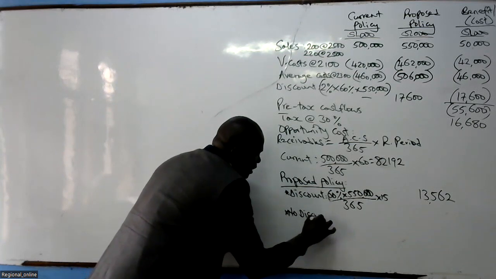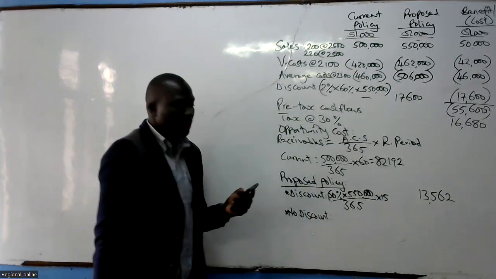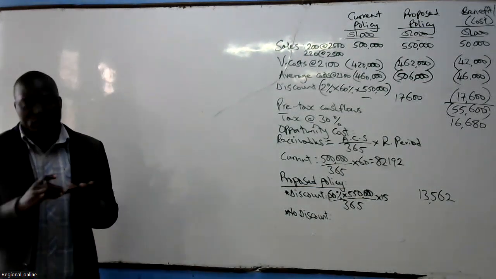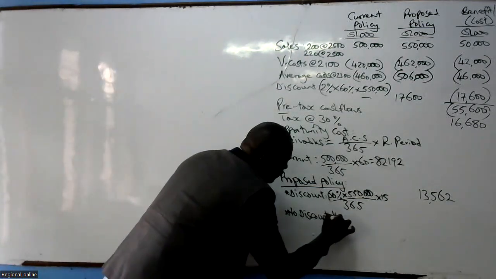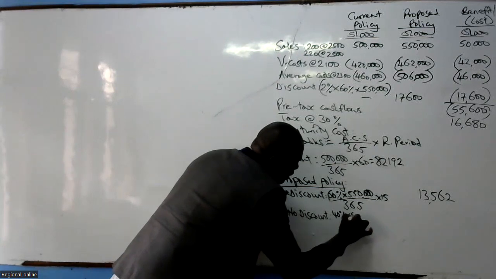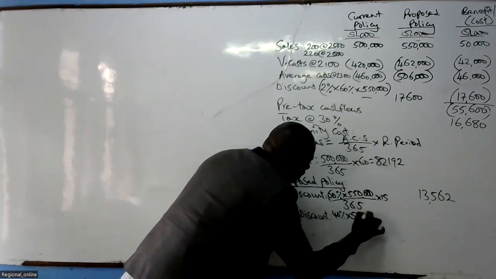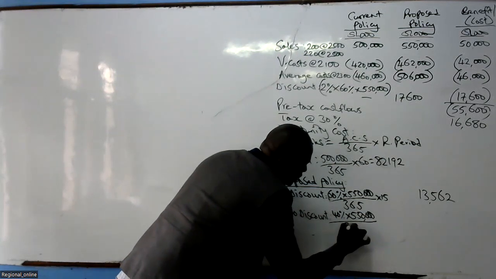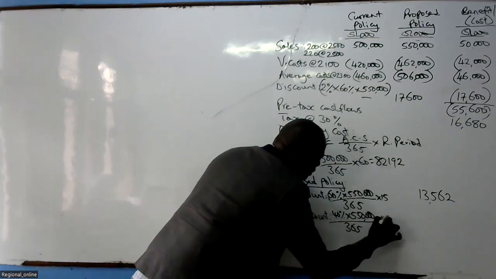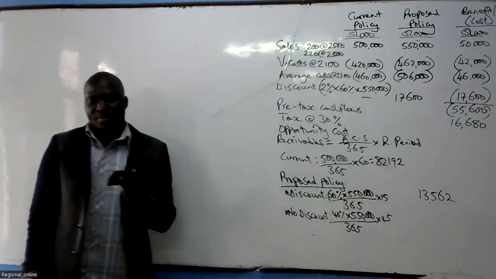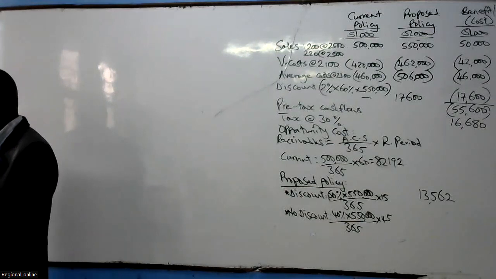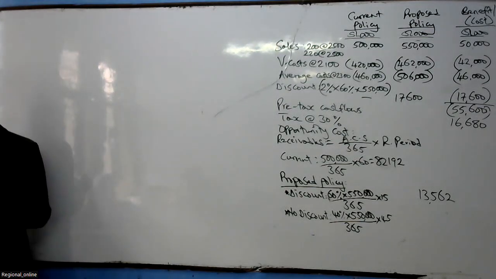Then we have the second group, who do not get the discount. If 60% enjoyed the discount, how much did not enjoy? The 40%. So the remaining 40% of our credit customers did not enjoy the discount and paid within how many days? 36 or 45? The new terms. 45 days, right?